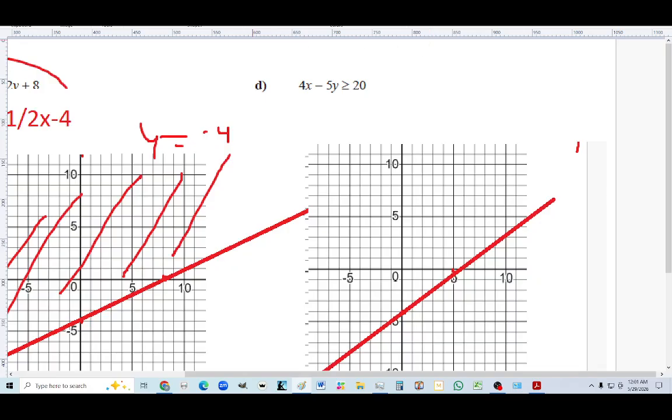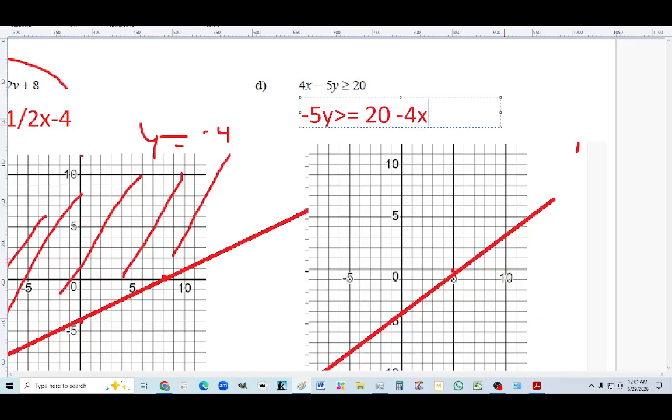And we have to say, okay, we got to get y all alone. So we're going to subtract. We get minus 5y is bigger or equal, doesn't change sides, bigger or equal to 20 minus 4x. We're going to put the 4x first, minus 4x first. So it becomes minus 4x plus 20. Well, we got this ugly minus 5 dividing y.